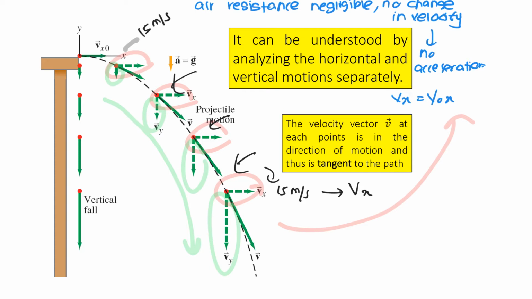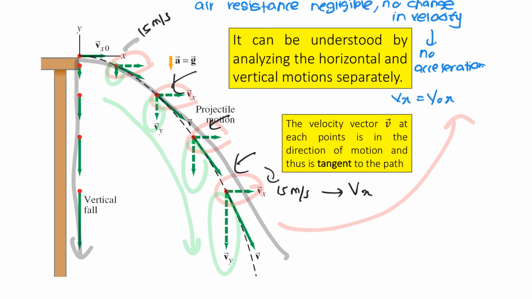That's why when you throw it like this and you throw it like this, the object will reach the ground at the same time, because x is constant and both are affected by the same gravity.